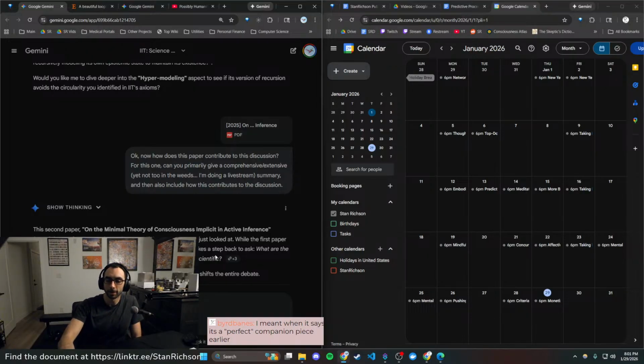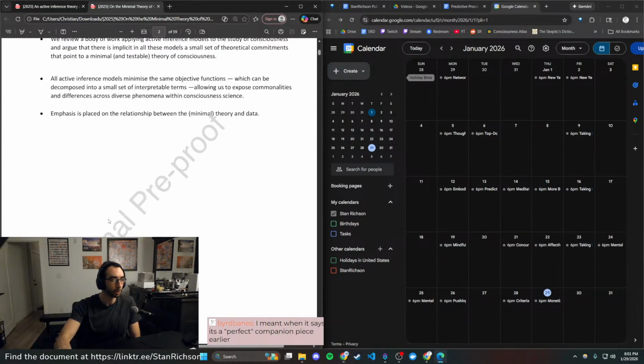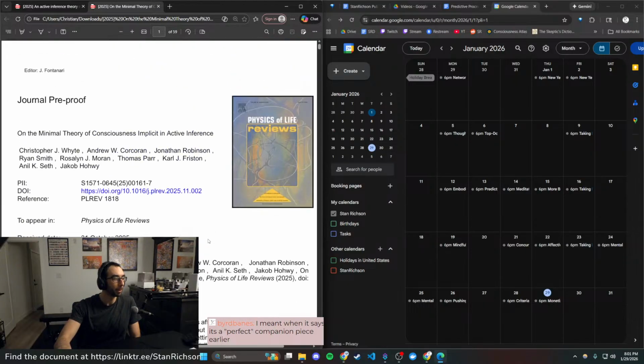A value judgment for an untested paper like this. Well, it's not an untested paper. I mean, granted, the copy that I have here is a journal preproof, but as we could see, it's been accepted into a publication, and we've got big names here. These are key figures in neuroscience.